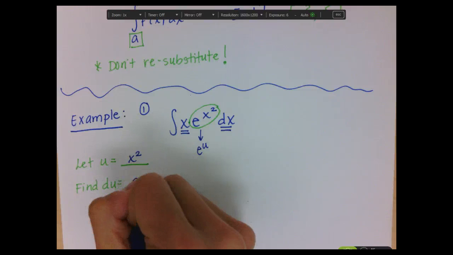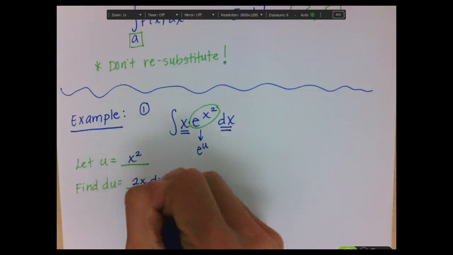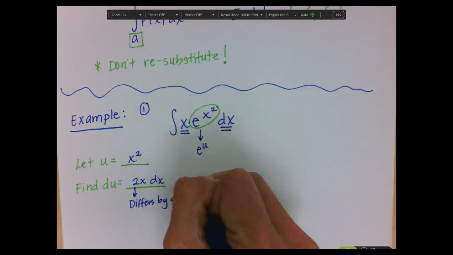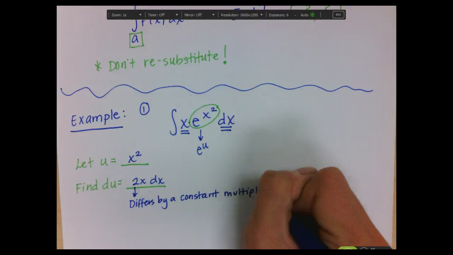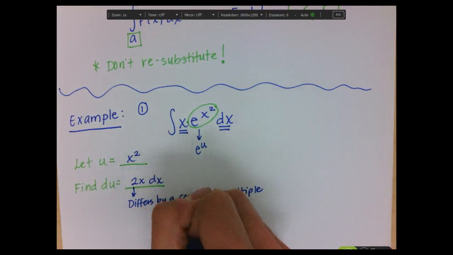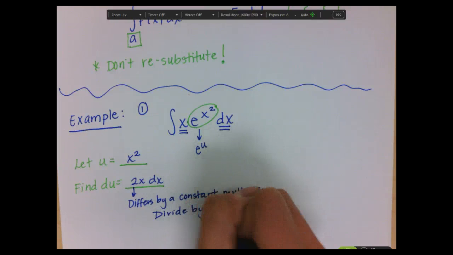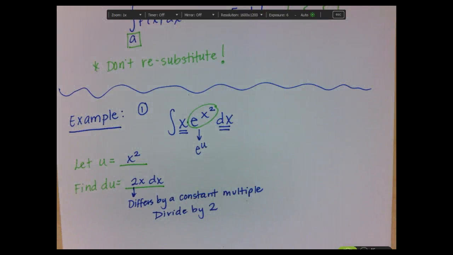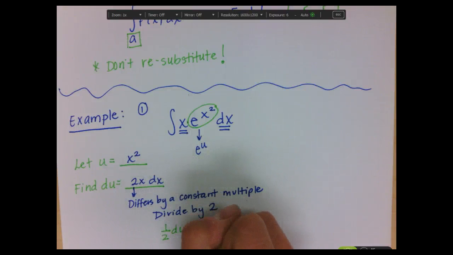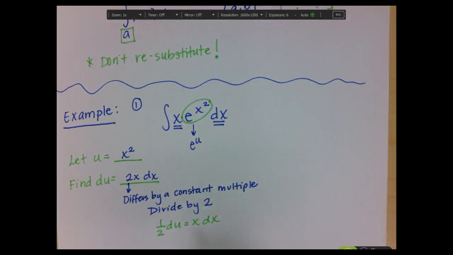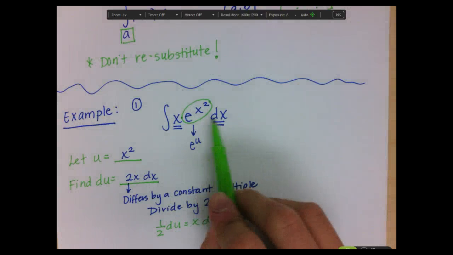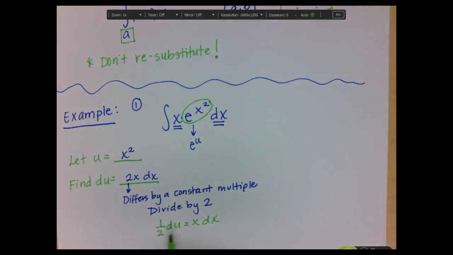And we are differing by a constant multiple, which is okay. So all we need to do is divide both sides by 2. And we'll have 1/2 du equals x dx. So now when we substitute, instead of just doing a direct substitution, x dx becomes du. Instead, it's going to become 1/2 du.